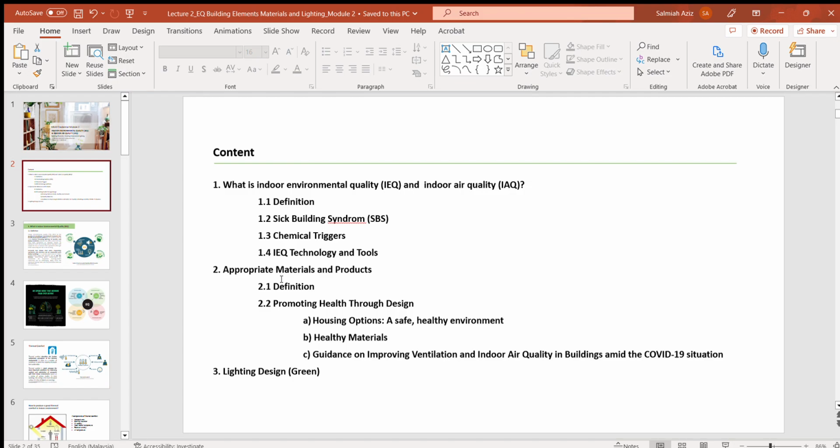The second topic is appropriate materials and products: the definition, promoting health through design, housing options, a safe and healthy environment, healthy materials, which we also call green materials or sustainable materials, and guidance on improving ventilation and indoor air quality in buildings amid the COVID-19 situation.